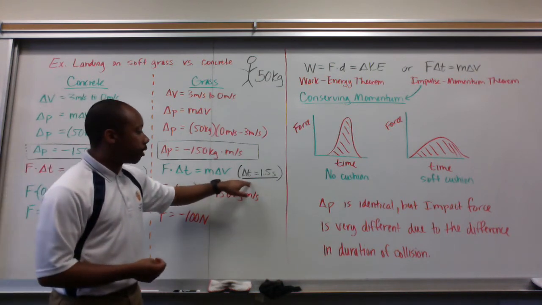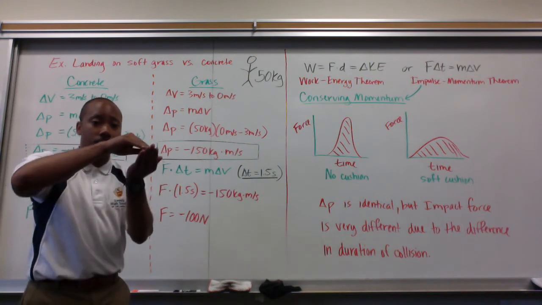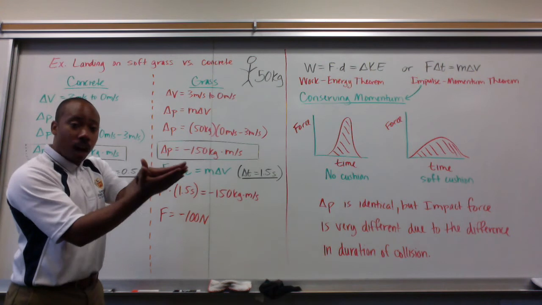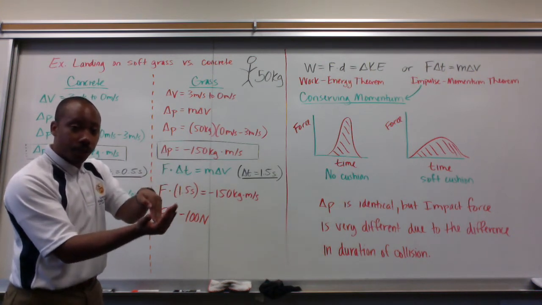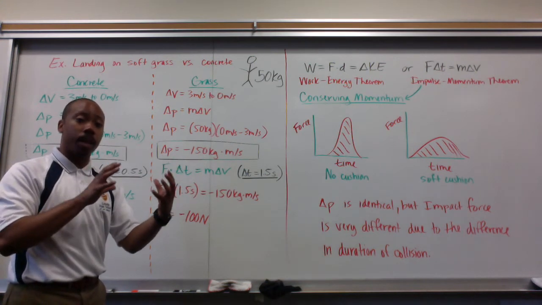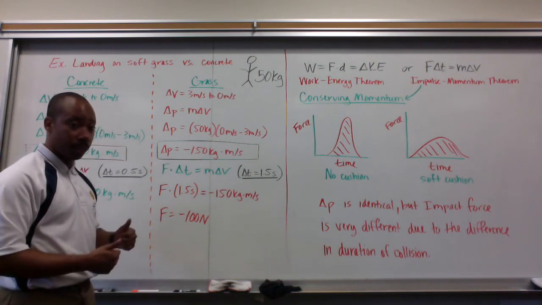Let's say this time frame is now 1.5 seconds, because we know grass is much softer. Grass will give a little more than concrete. Thus, it's going to allow your body to be in contact with that surface for more time. It's going to give under you, causing a longer duration of time that force is being applied to you, which we'll see lessens the force applied to you.